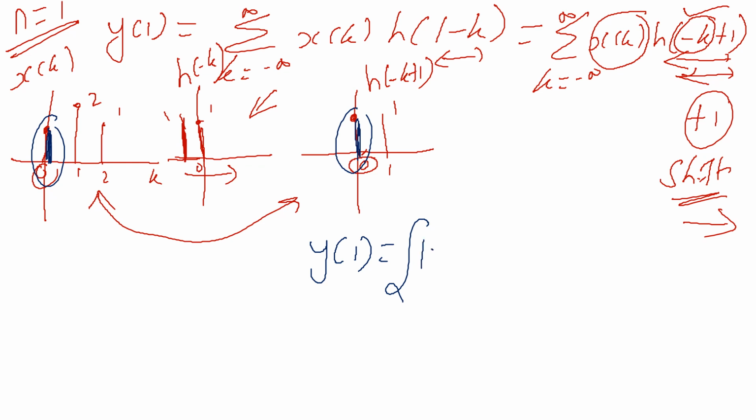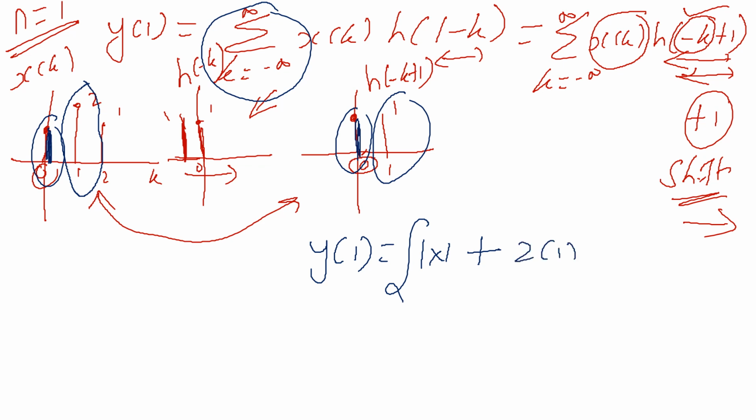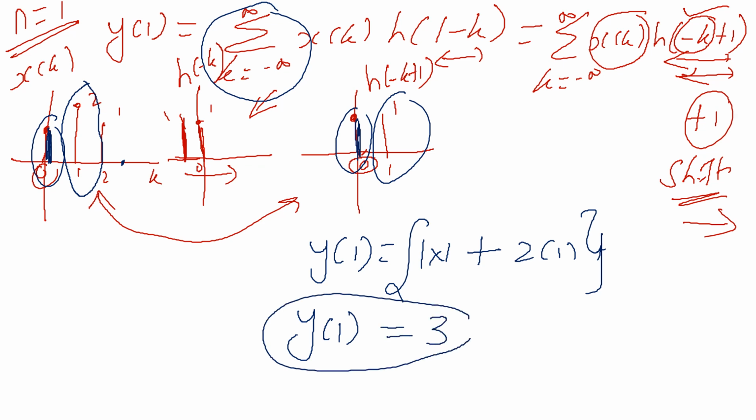So 1 into 1, plus, there is a summation here, right? Then the next one is 2 into 1. I hope you understand this. So 2 into 1, plus the third point is absent here, so it is 0. Okay, so y of 1 is nothing but 3.